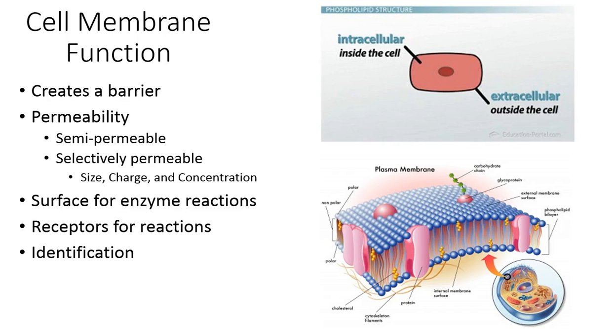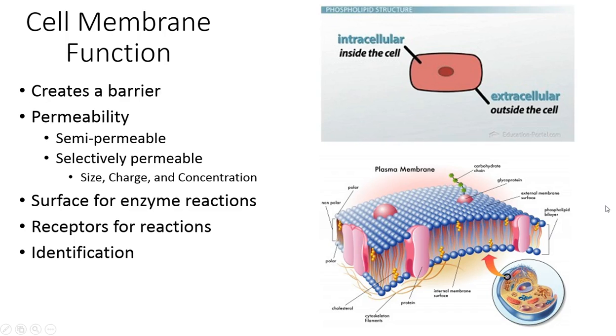Now, things that I didn't mention in class: this provides a surface area for reactions to take place. If you look at this plasma membrane at the top, that is a lot of surface area to work with. It also has receptors for reactions. If you look around, you'll see a lot of things sticking off the top, and these are receptors.